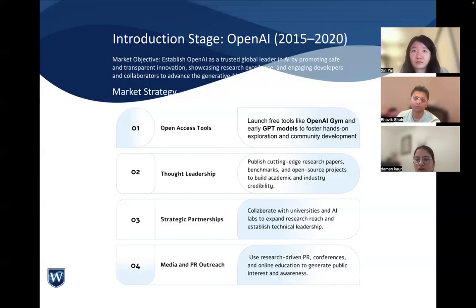Strategic partnerships: it collaborates with universities and AI labs to establish technical leadership. And the last one is the media and PR approach. It also does conferences and online education to generate public interest and awareness.